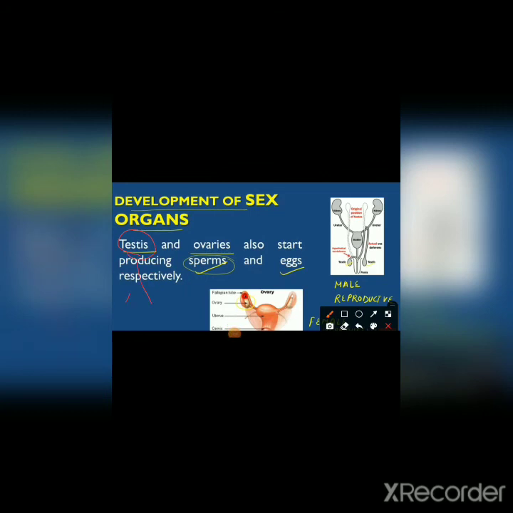Testes is the male reproductive part, and ovary is the female reproductive part. So male and female reproductive part start to produce in this age. इसी age में testes and ovaries gametes start to produce sperm and egg. Obviously testes start to create product sperm, and in ovaries what will start to produce, that is eggs.